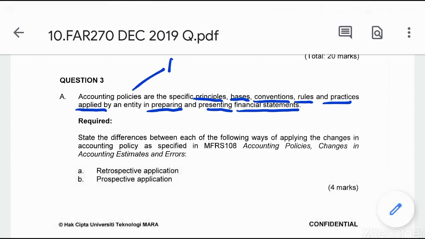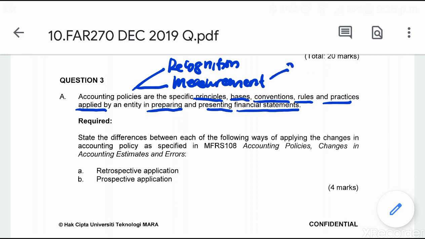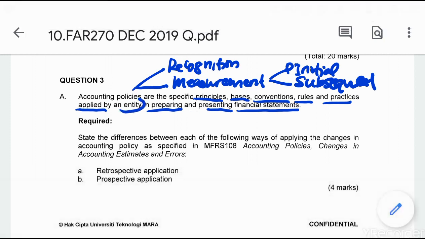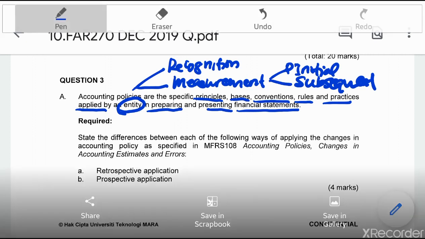Accounting policy is about how you recognize, and something to do with measurement that is guided by various standards, either during initial measurement and during subsequent measurement. So those are the rules or basis or convention or practice in the recognition principle and measurement, applied by the entity, which is the company that prepares the financial statement, when they prepare and present the financial statement.